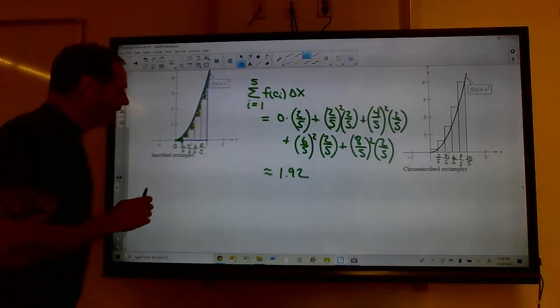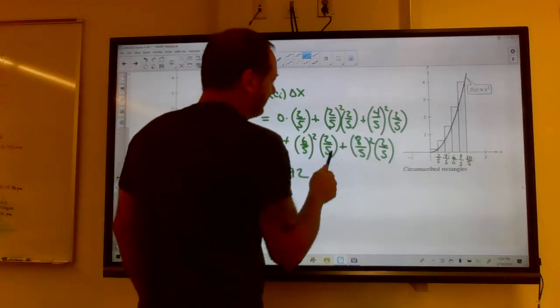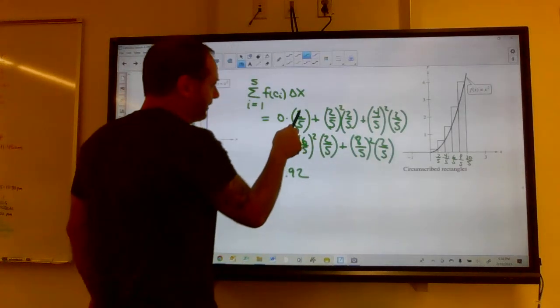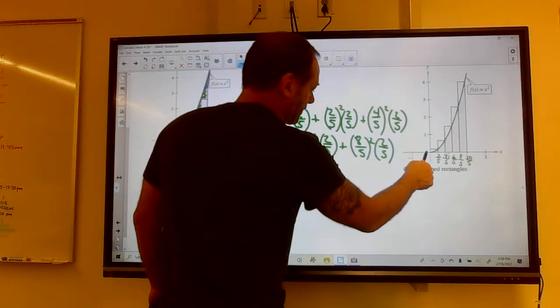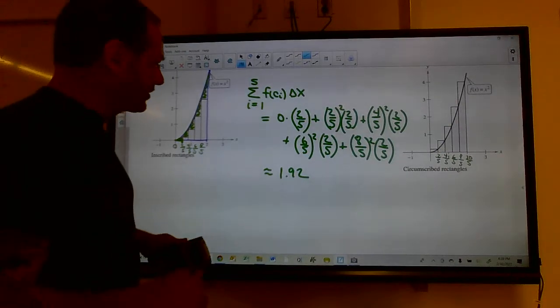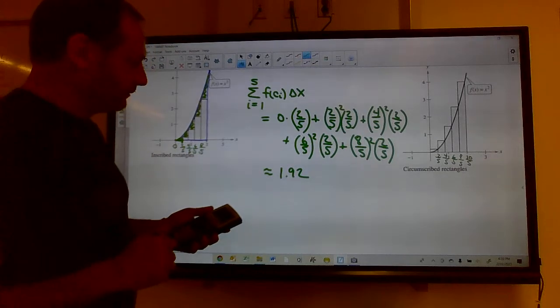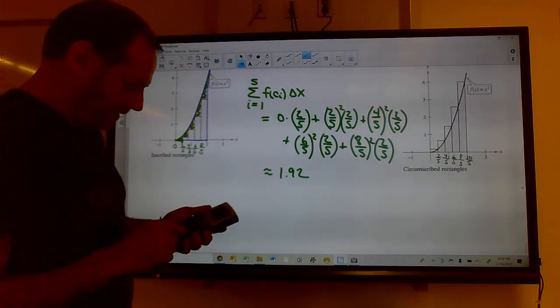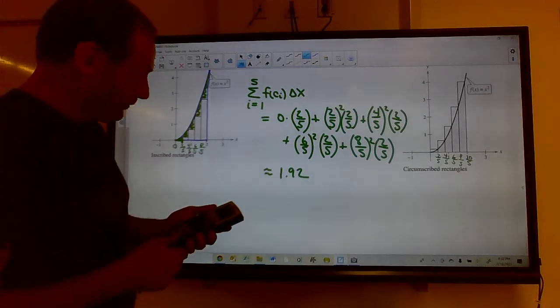Okay? Now, if I did this other one here, I'm going to get exactly the same numbers, except my first one is not going to be this, it's going to be this one, and my last one is going to be plus 2 squared times 2/5. So I can take this, and I don't have to rework the wheel here, plus 2 squared, so that's 4, times 0.4.